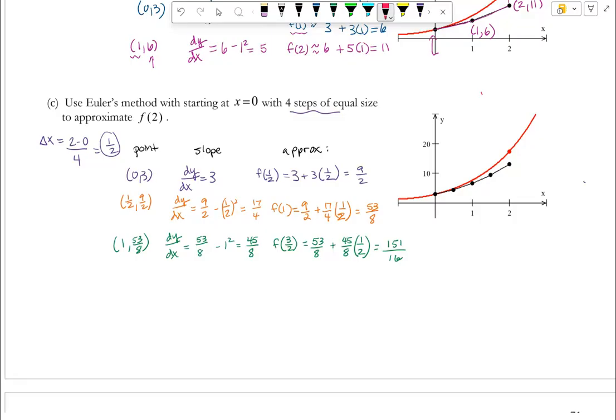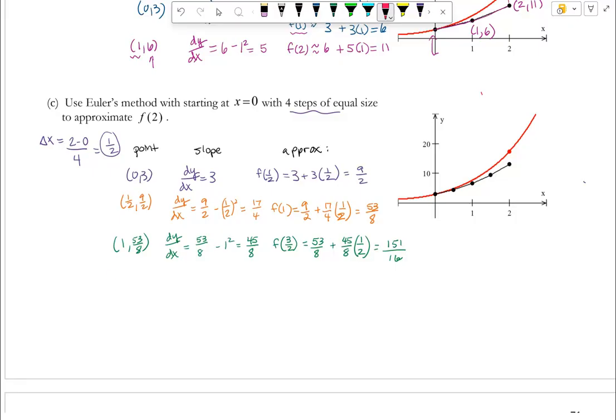All right, so finally, we've got one more step. Sorry, that was our 3/2. So we have one more step to get over to be able to find f(2).